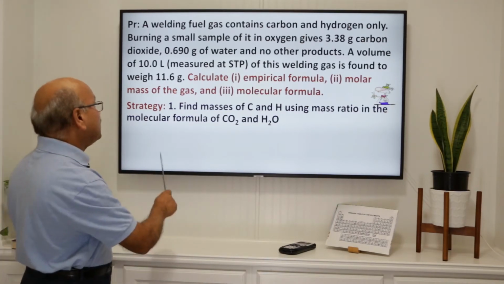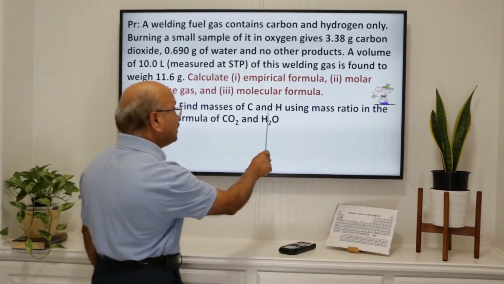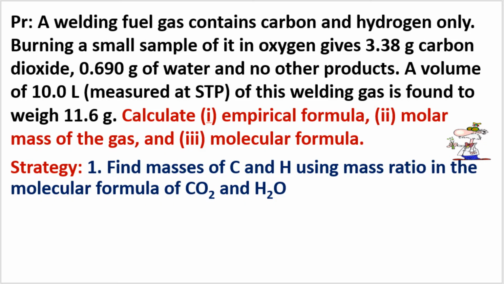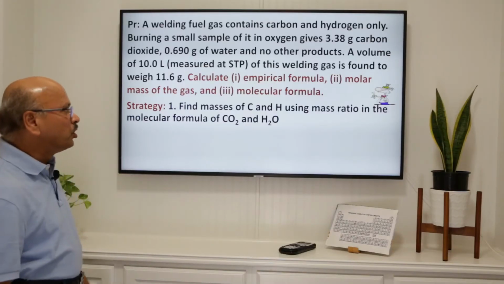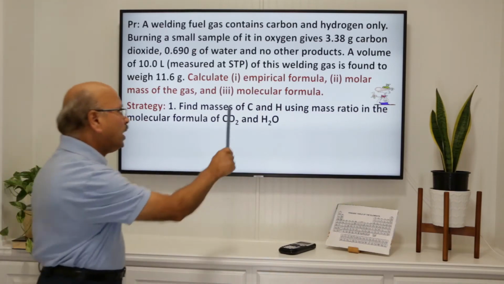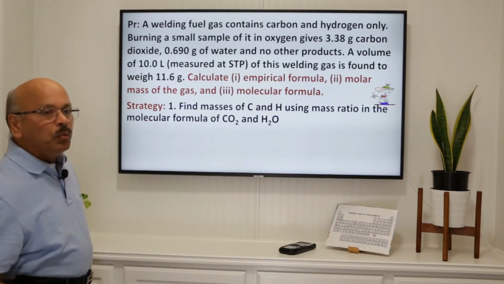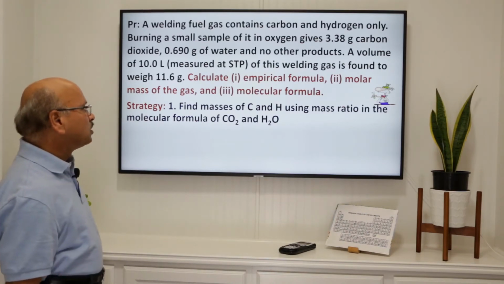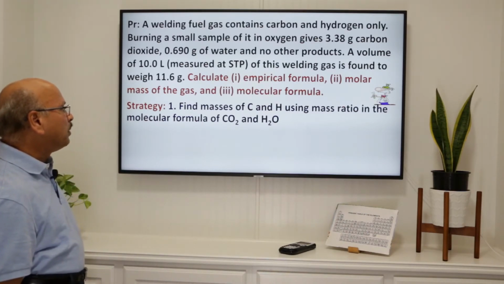So the first strategy is this. You have to find the masses of carbon and hydrogen using the mass ratio in the molecular formula of carbon dioxide and water. We know every compound has a particular mass ratio. For carbon dioxide, we get a carbon to compound ratio, and a hydrogen to water ratio. Using that, you can find the masses of carbon and hydrogen from the compound masses.